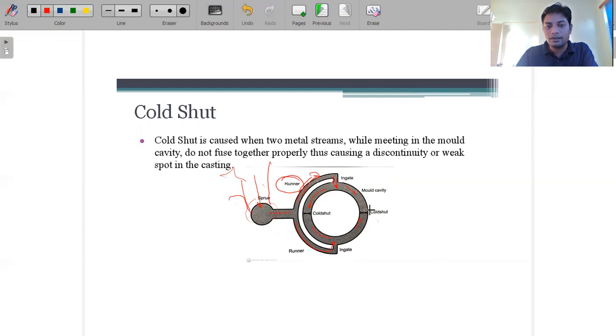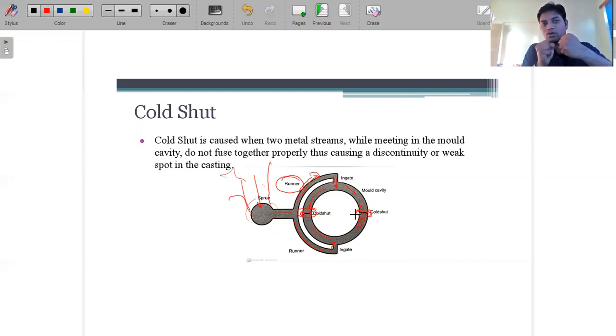So if you will see here and here, in these areas this white color is mentioned. White color means that the molten material coming from the bottom side and the molten material coming from the top side have become semi-solid. If some liquid comes, then definitely it will mix up.